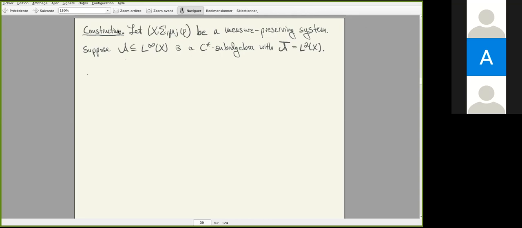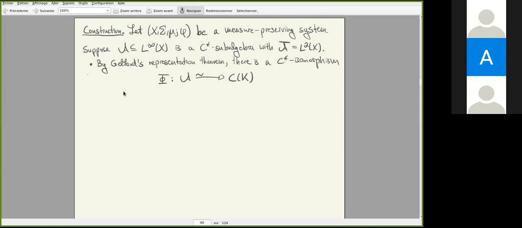For example, you could just think of A equals L infinity of X. This would be totally admissible. Then Gelfand's representation theorem on commutative C star algebras tells you that there is a C star isomorphism from this algebra A to some C of K, the algebra of continuous functions on some compact space K.